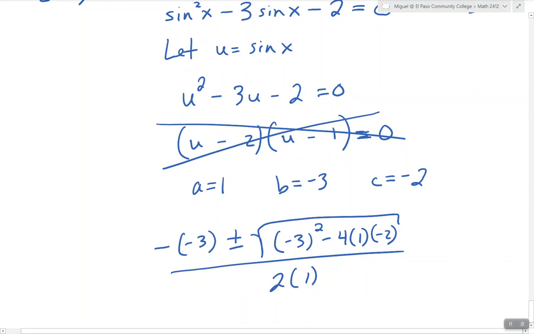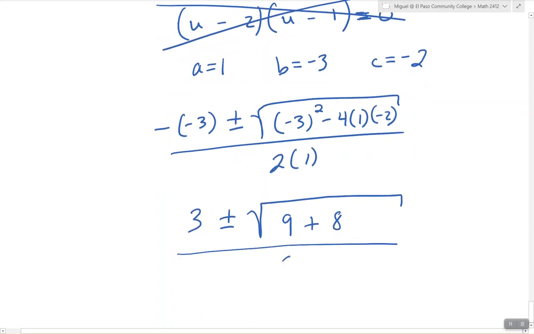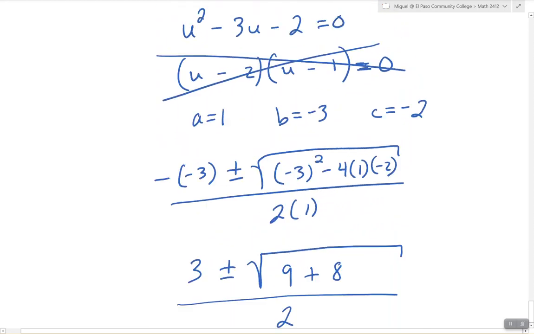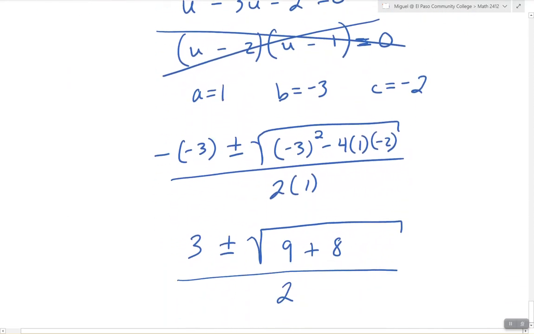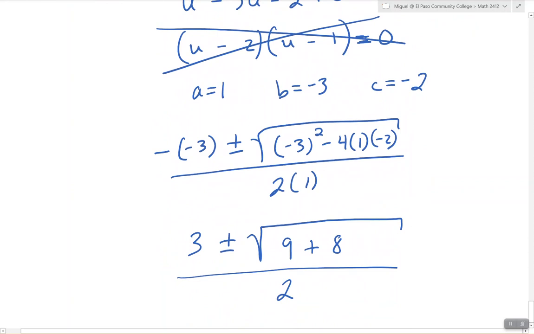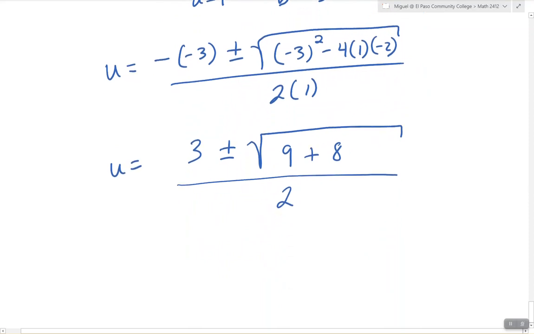Minus minus 3, of course, will be positive 3, plus or minus. We got 9, and then there are 2 minuses, right? So plus 4 times 1 times 2, which looks like 8. And then 2 times 1. By the way, when you do the quadratic formula, it's x equals technically, but right now it's u equals, because we're doing it off that u equation we built.